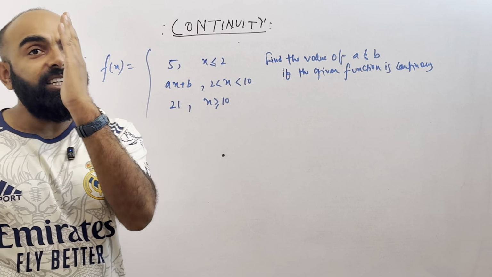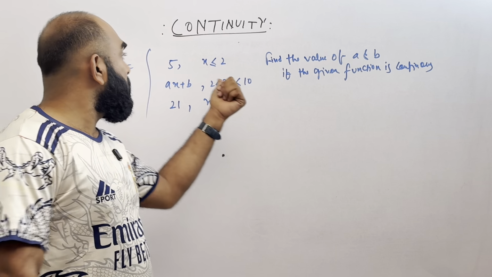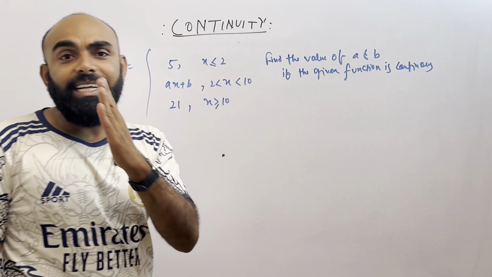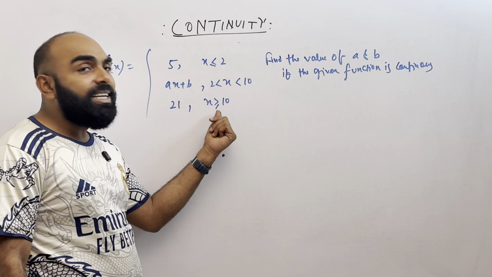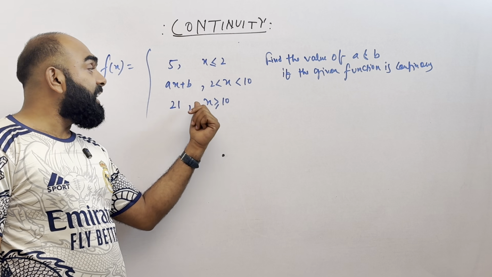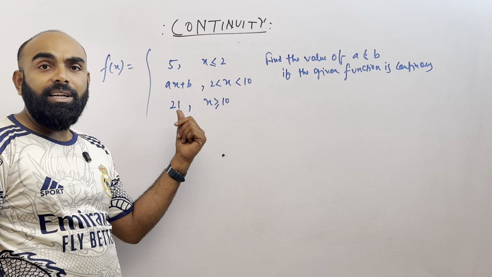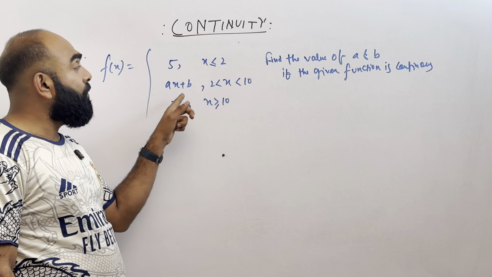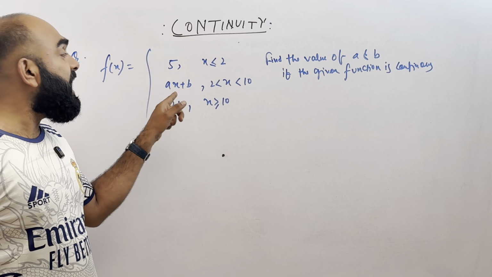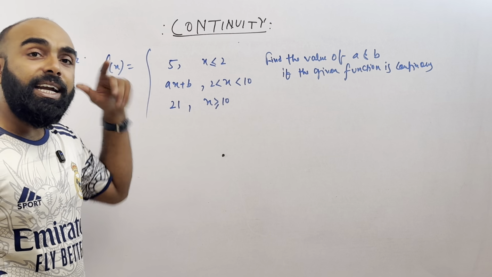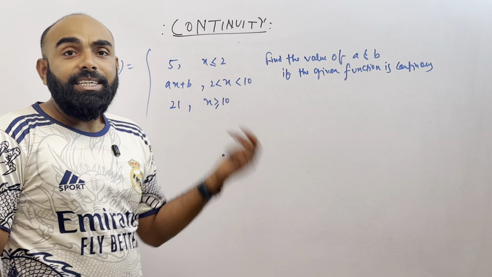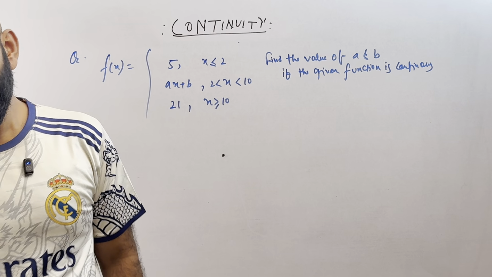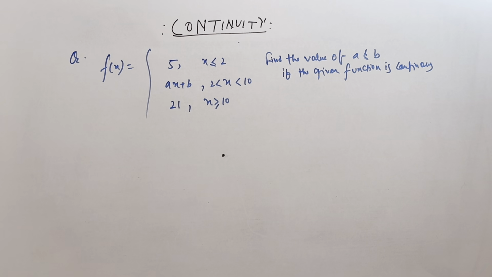At 2 it is 5, and less than 2 also 5. At 10, x is greater than or equal to 10, and greater than 10 also the function value is 21. At 10 also the function value is 21. Less than 10, we have to go for ax plus b, valid for greater than 2 and less than 10. Try this question.